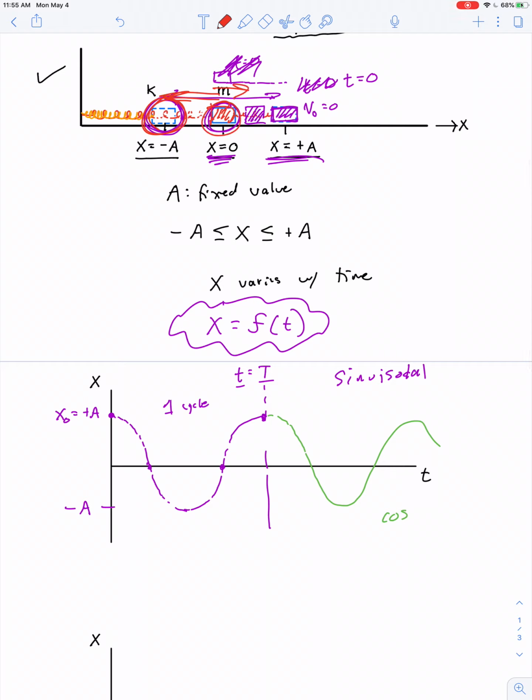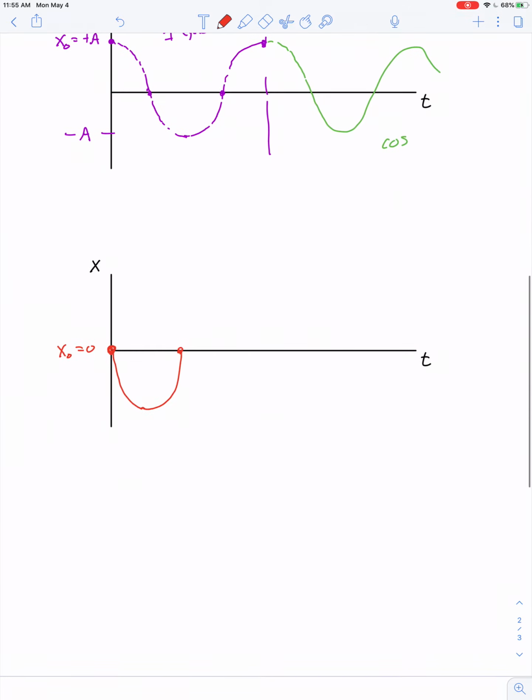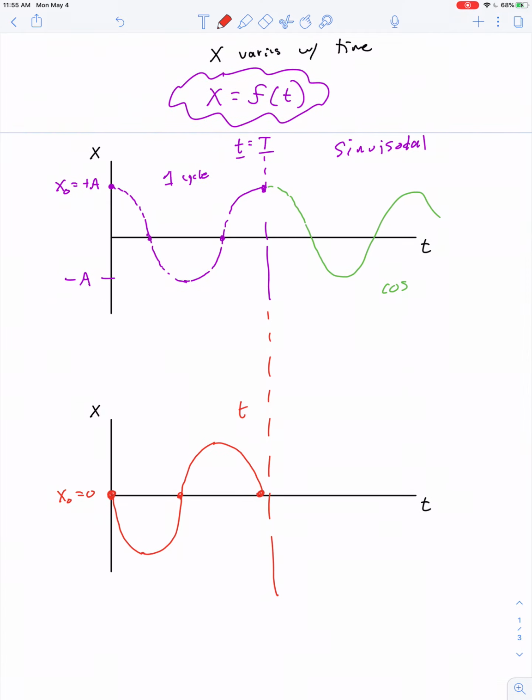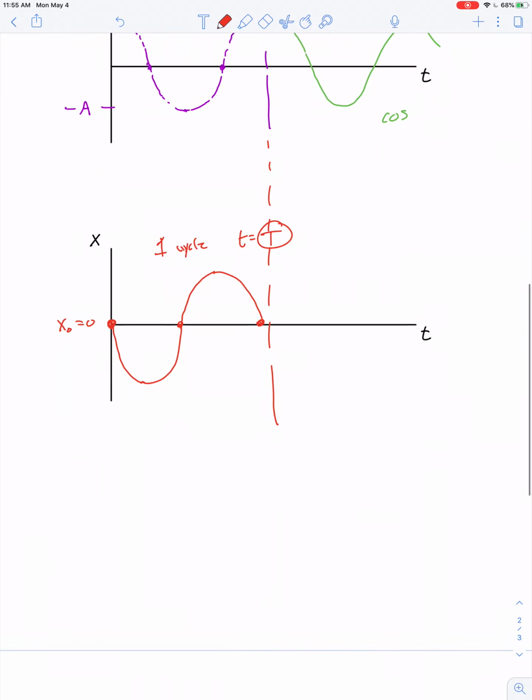After 3/4 of a cycle, it'll be an extended spring, and after one full cycle, back to where we started timing it at the equilibrium point. And so you notice either way, we're looking at one full period of motion and one cycle. It's just in this case, the graph looks like a graph of negative sine.